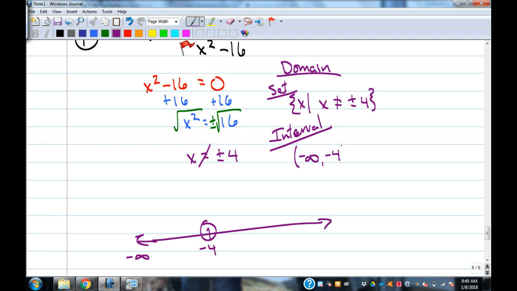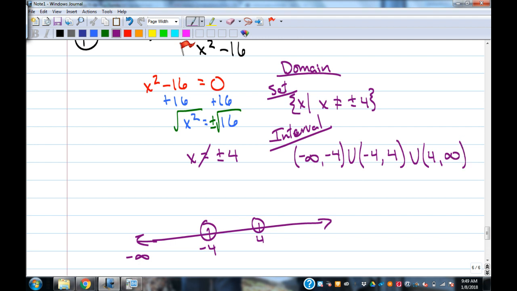Negative 4, parenthesis, what goes next? U, negative 4, and then we're walking along, and what's the next number we come into contact with that messes things up? 4. We got to put a jump over the 4. So we stop at 4, pick back up at 4, and then we can walk on to positive infinity.